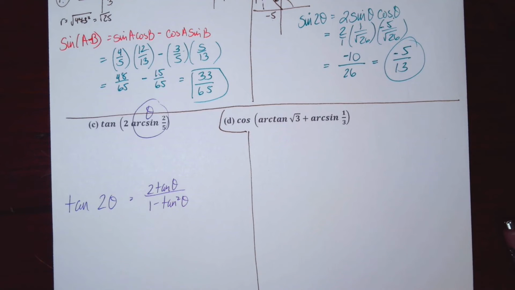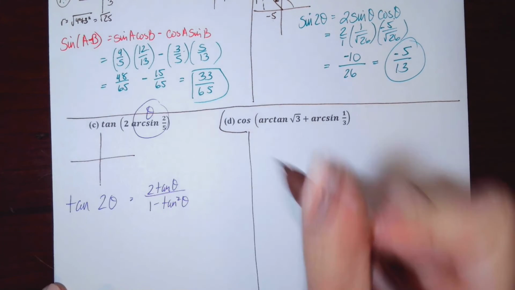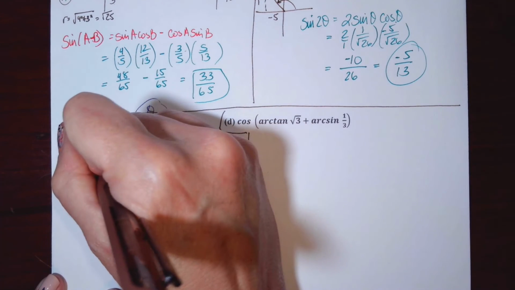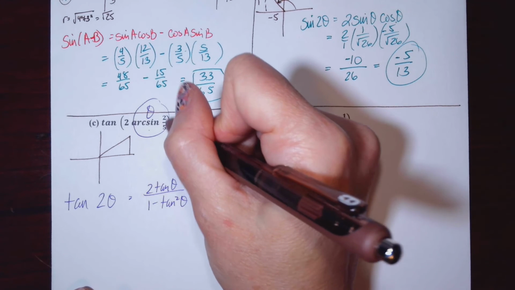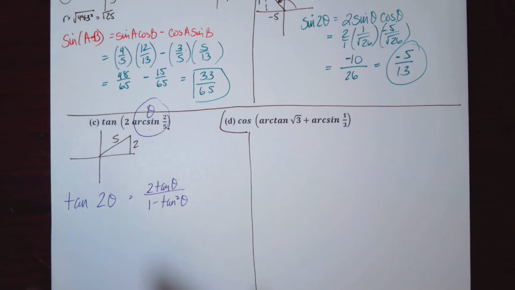So now I need to know the rest of the information about my angle theta. Well, arc sine or sine inverse, positive, everything is positive. All those inverse functions are positive in quadrant 1. Sine is y over r, and I need to figure out x.